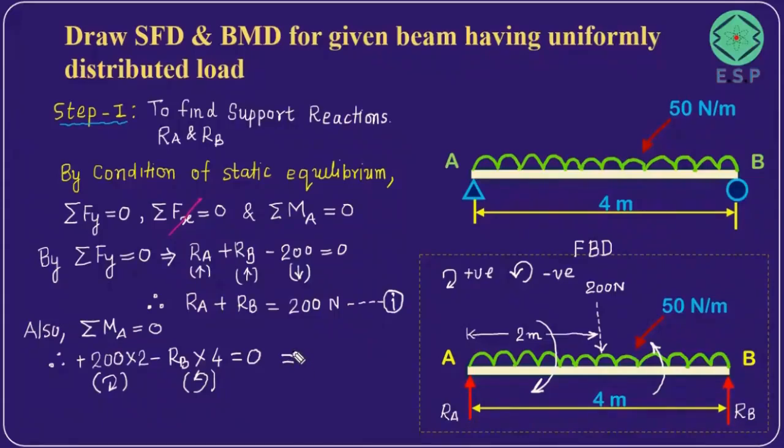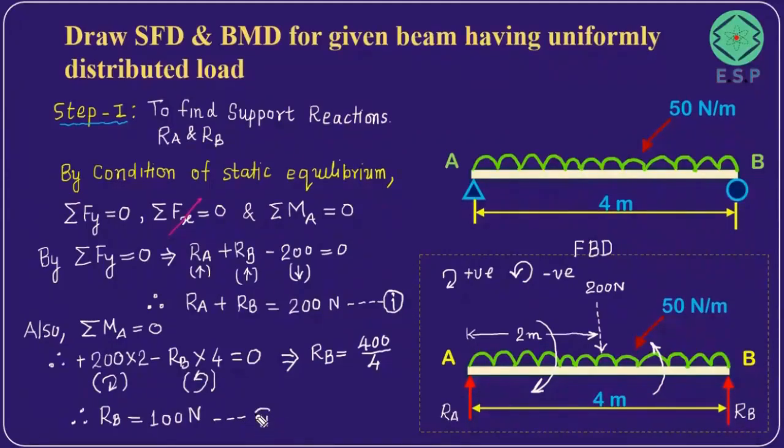And if I simplify this, it's very simple calculation. So 200 into 2 is going to be 400, and 400 equals 4 times RB. So RB is going to be 400 divided by 4, and therefore you'll be getting RB equals 100 newtons. So this is going to be equation 2.